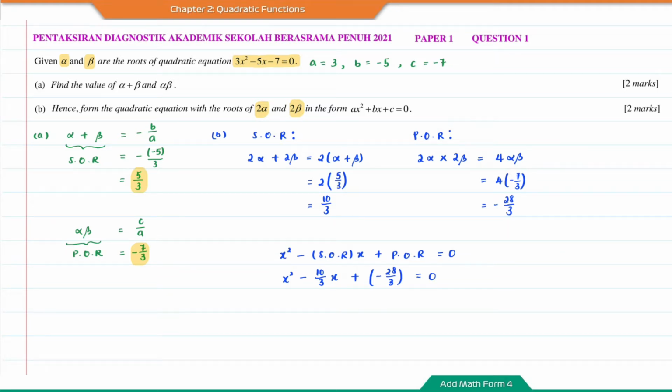To get rid of it, we multiply each term by 3, so the 3 will be cancelled. Therefore, you're going to have 3x squared minus 10x minus 28 equal to 0. That will be the quadratic equation.